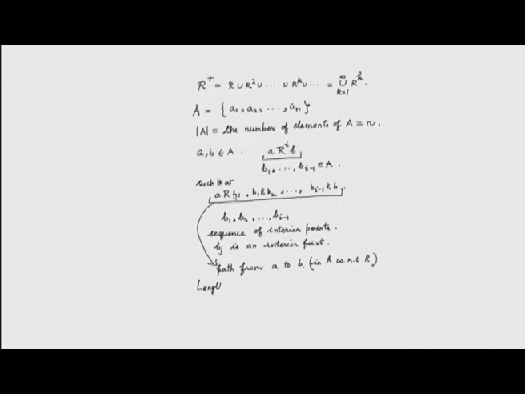Now, there is an important parameter associated to this path, which is called the length of this path, and it is simply I. Why I?